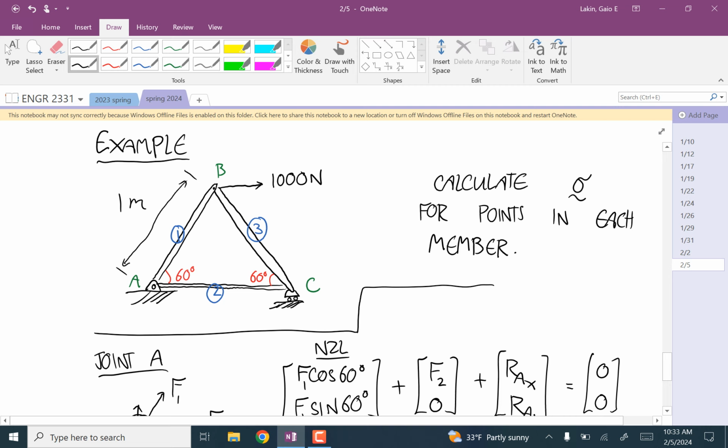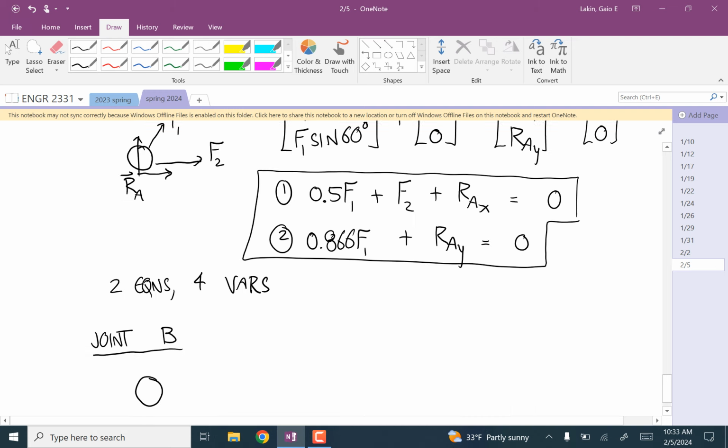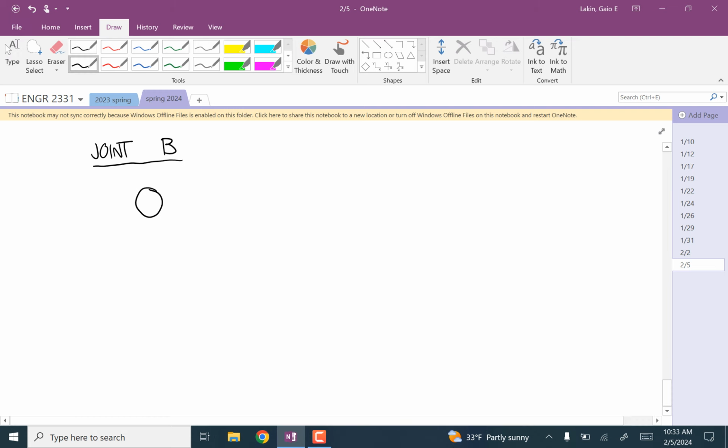Okay, now joint B, what's going on there? There's the tension from member 1, the tension from member 3, and then there's the 1,000 Newton force. So we have F1 going this way, F3 this way, and 1,000.